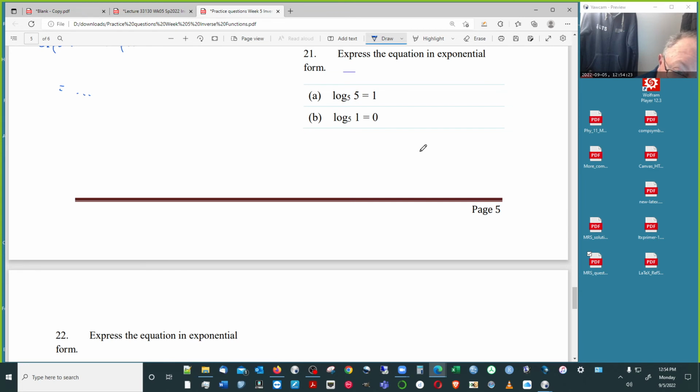So if you raise everything to the power 5, this here is undo. Okay, so you get 5 equals 5 to the 1. Raise everything to the power 5.